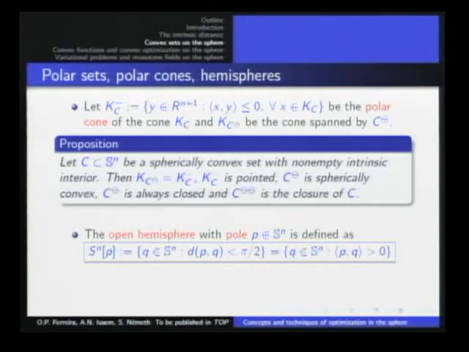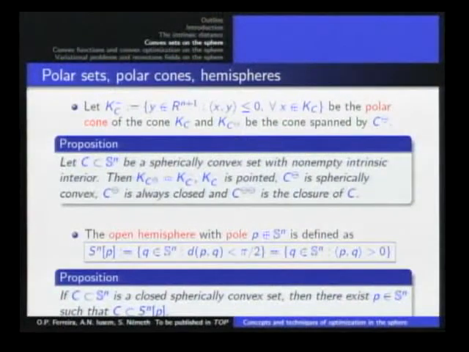So it's the open hemisphere, considering that the given point is like a pole, and this is a convex set, which is not the case if I consider the closed hemisphere, because in the closed hemisphere I also have a geodesic which goes through the other hemisphere.